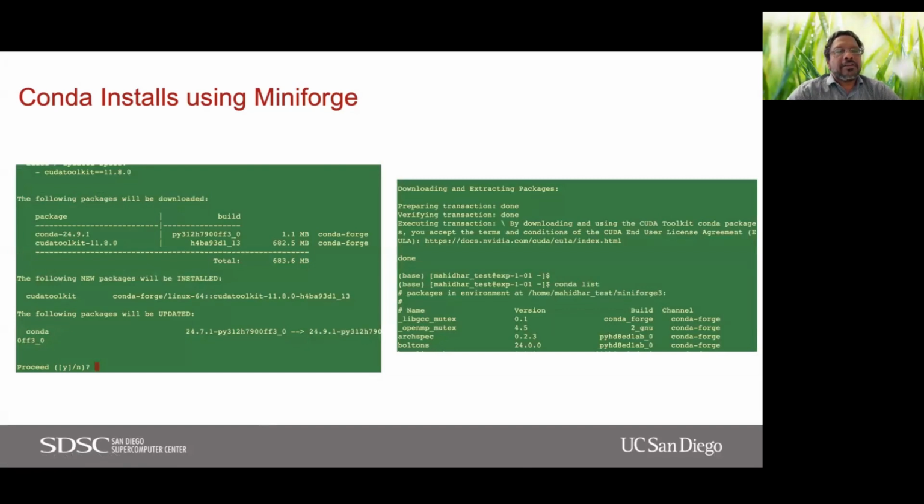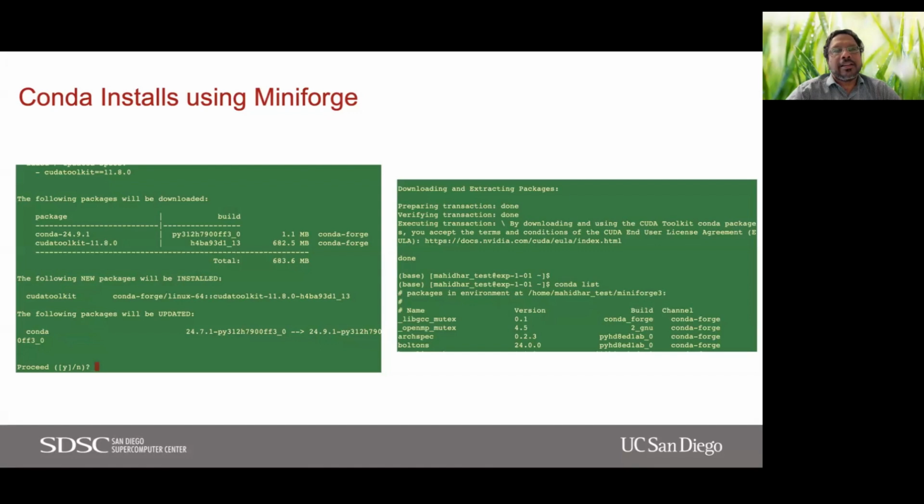Here I'm showing you how to install, say, a CUDA toolkit. You can do a conda search on the CUDA toolkit, and it'll give you the list. As I mentioned, keep in mind that whatever you install, make sure it's compatible with our driver.